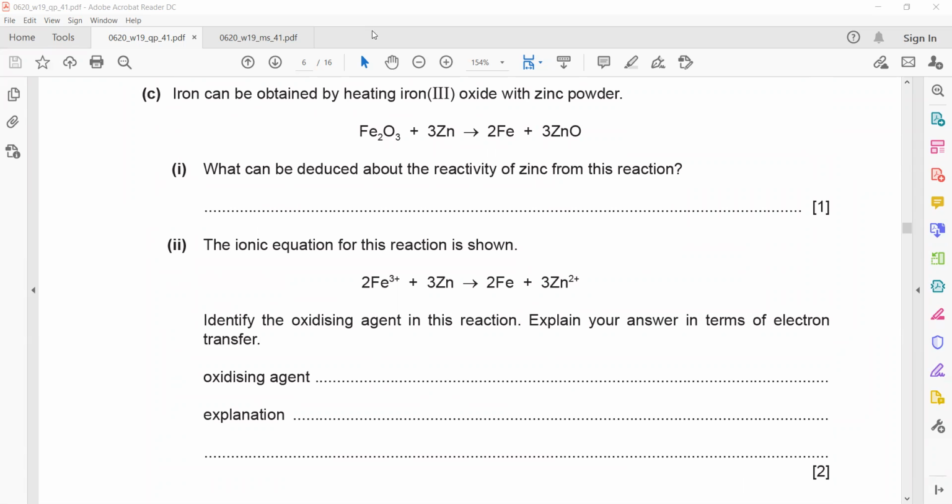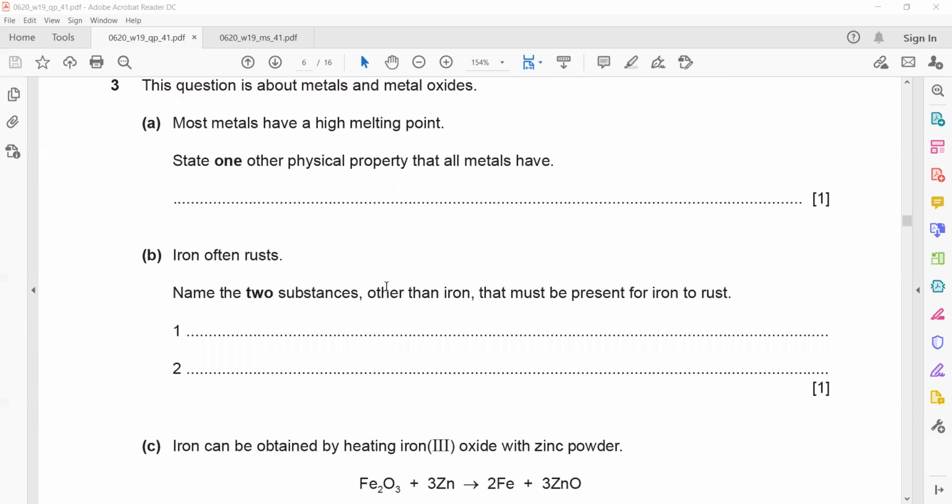Iron can be obtained by heating iron 3 oxide with zinc powder, because zinc is more reactive. So zinc can displace iron from its oxide. For rusting of iron, basically, if you have a piece of iron, how does rusting occur?